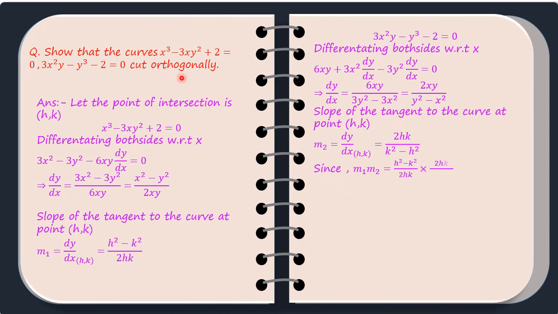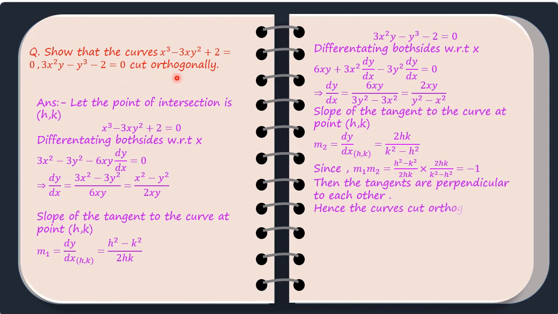Now if they cut orthogonally, that means the tangents are perpendicular to each other. That means m1 m2 should be equal to minus 1. Here it is. If we put the values of m1 and m2, that value will be minus 1. Then we can say the tangents are perpendicular to each other. That means the curves will cut each other orthogonally.